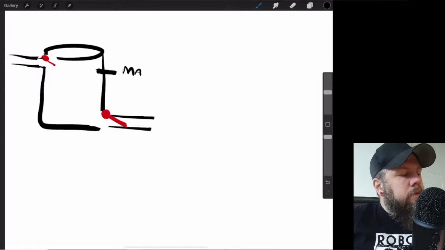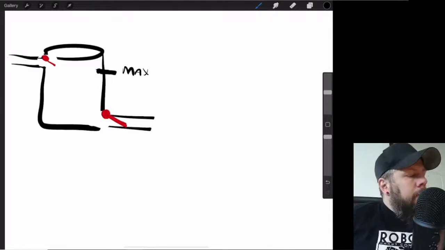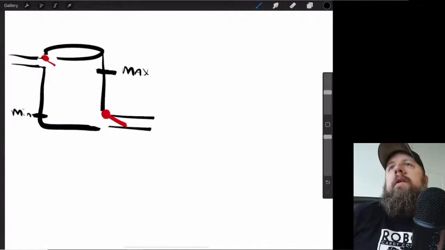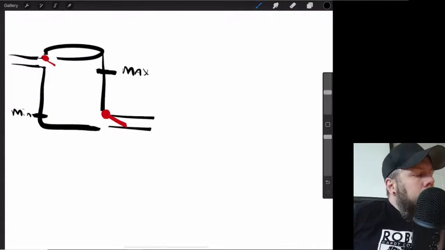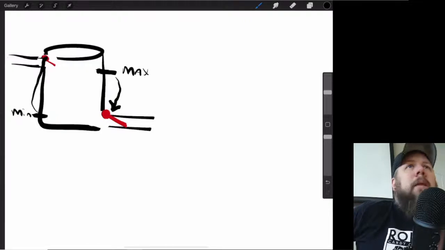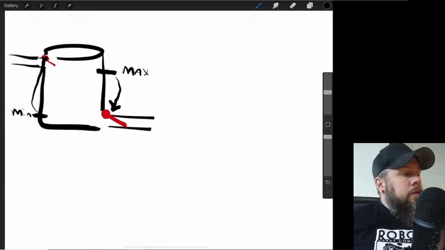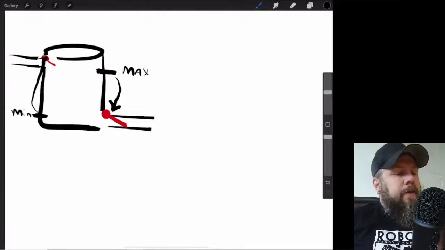Like we've just got a little switch, right? And we've got a little switch down here that whenever it gets to minimal, we can know it. Okay. Now, what we'll do is we'll connect that and connect that. All right. So when we get to max amount of water, we're going to dump it out. Okay. And then once we get to minimum, we close that gate and then we open up the water that's getting fed in up here.